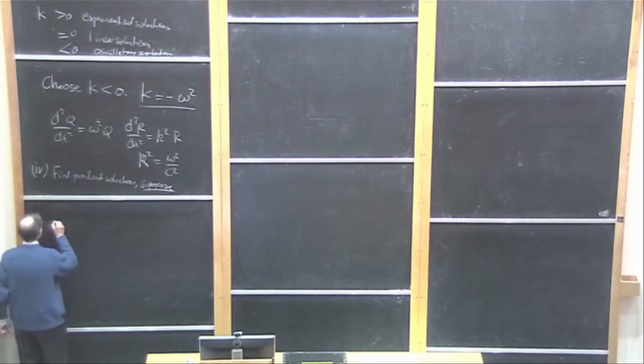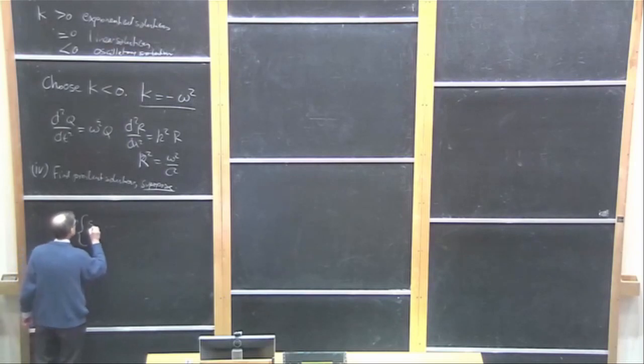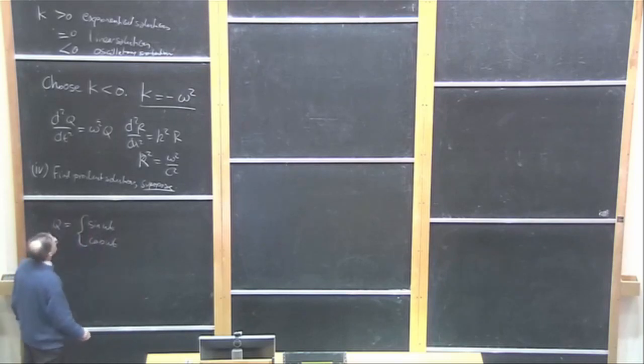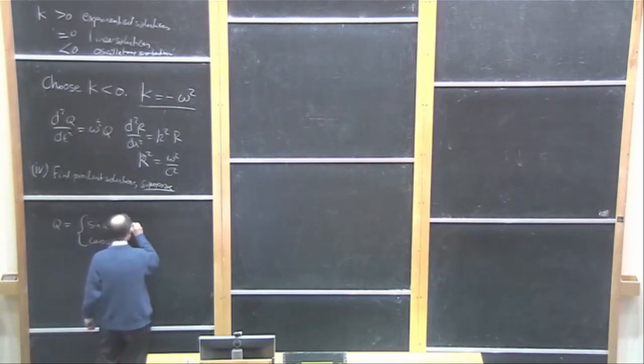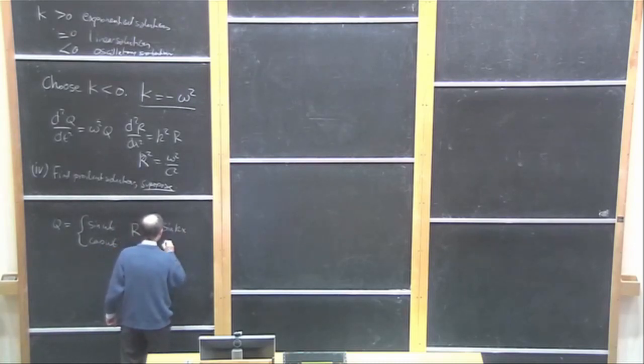So the solution to the Q equation is either sine omega t or cos omega t, and the solution for R is either sine kx or cos kx.